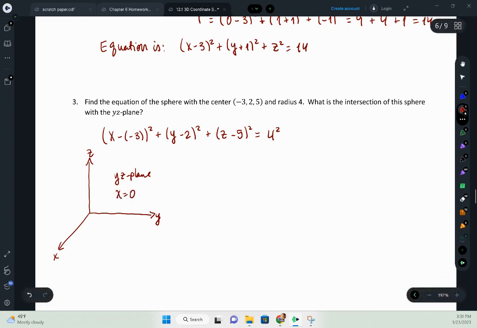So the analogy that I gave people was, imagine I have a bowling ball and I throw it at the wall, right? A bowling ball is a sphere. And I'm imagining that my bowling ball has a radius of 4 units, okay? Now, when I throw it at the wall, it gets lodged in the wall and it's just kind of stuck there.